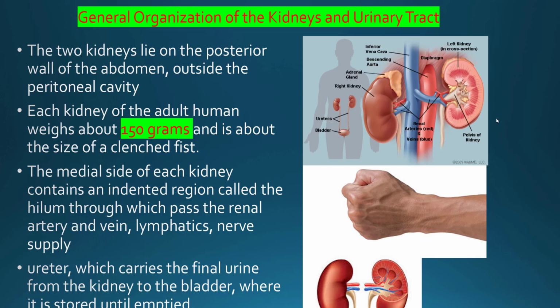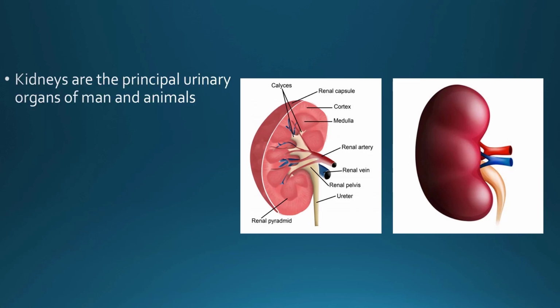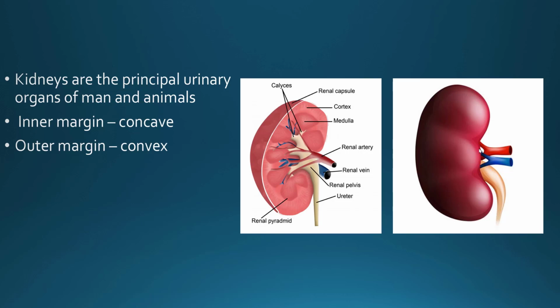It is indented, and this indented area is called the hilum, through which the artery enters, the vein leaves, and the nerve supply also passes. Kidneys are the principal urinary organs of man and animals.